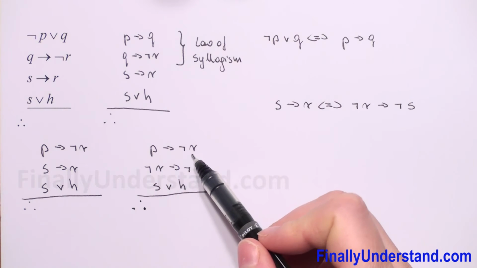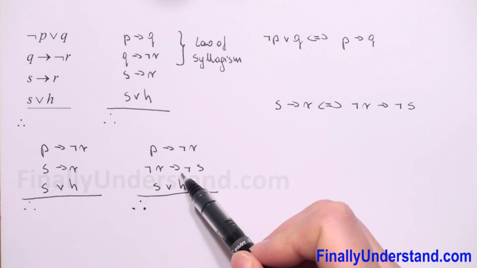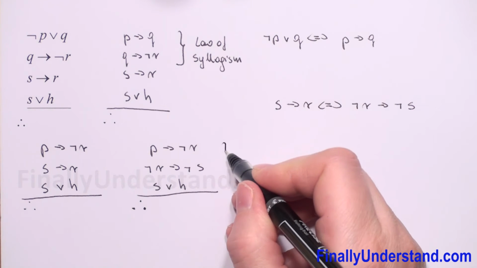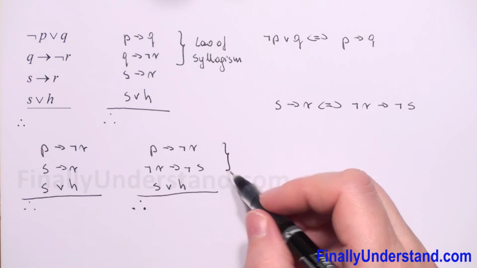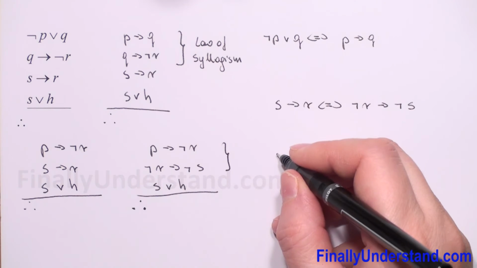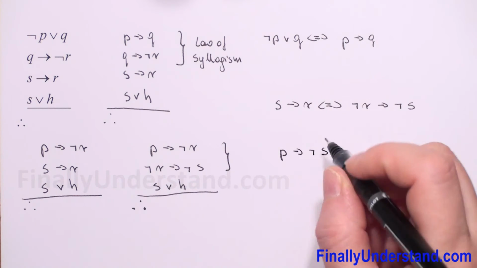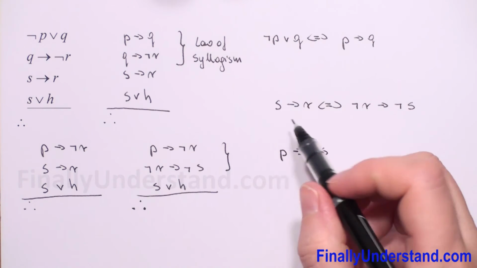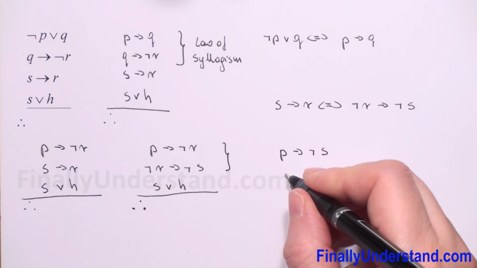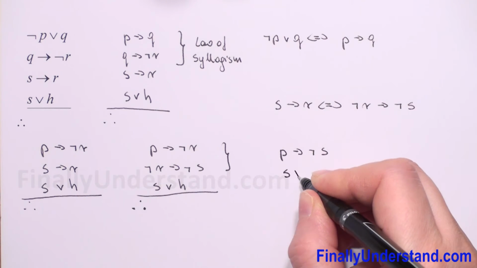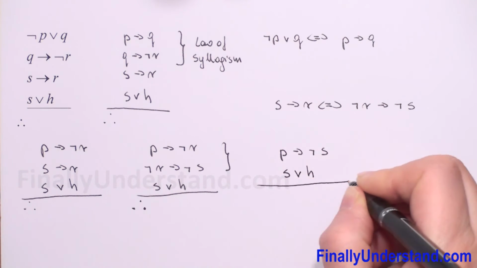We have P implies not R implies not S. So these two premises we will substitute by P implies not S from the law of syllogism. Again, and the third we have to copy S or H.